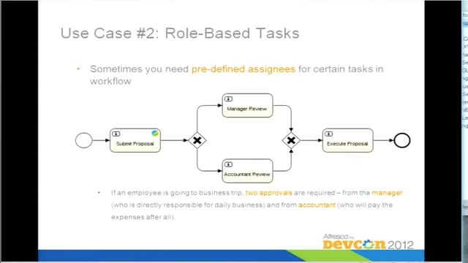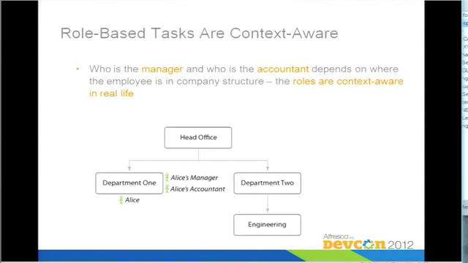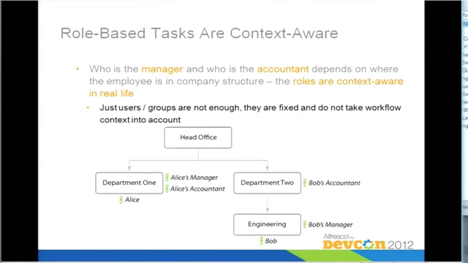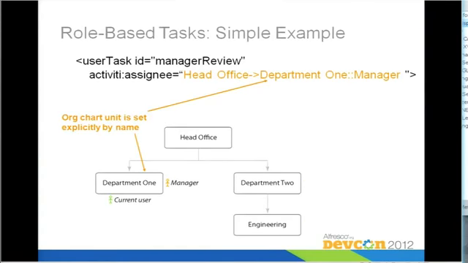So the problem is that in this structure, Alice from department 1 needs approval from Alice's manager from this department, but Bob, who is from engineering, needs approval from different people, from Bob's manager and Bob's accountant, and this situation cannot be covered just using users and groups, because they do not take workflow context into account.